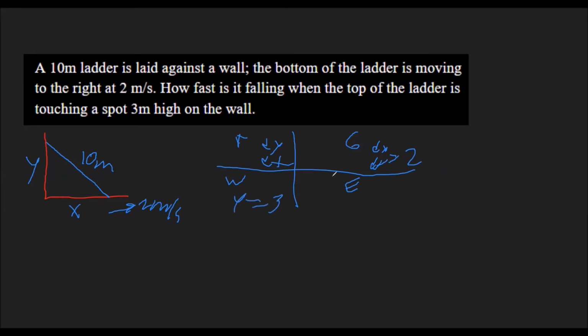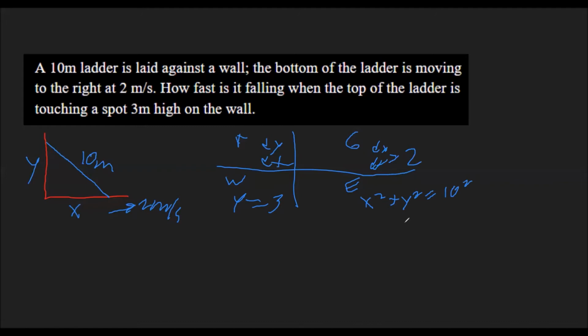Now, the equation, the link equation, how are we going to relate y to x? This is also a triangle, so this makes it especially easy, but we can say x squared plus y squared equals 10 squared. That's going to be our link equation. So, like I said earlier, we're going to try to find the derivative of the link equation.